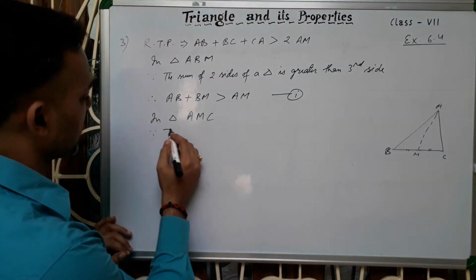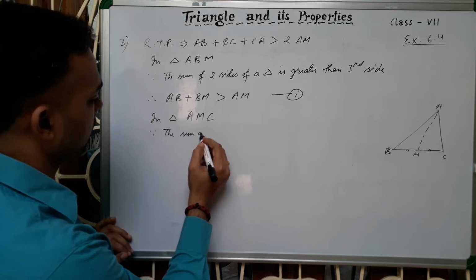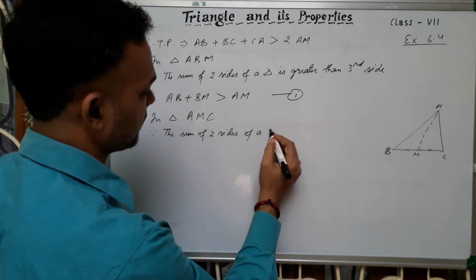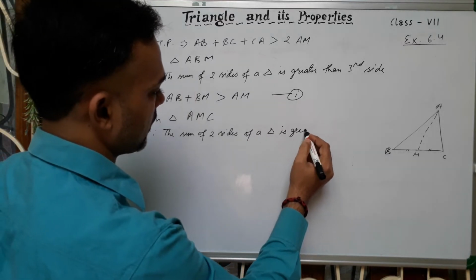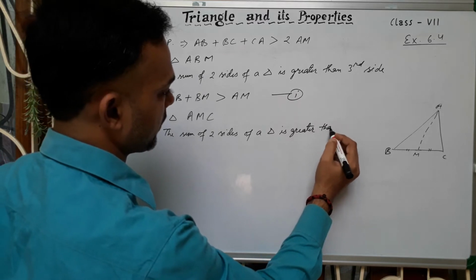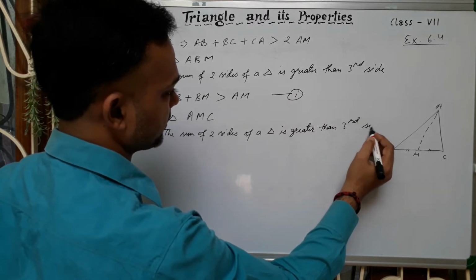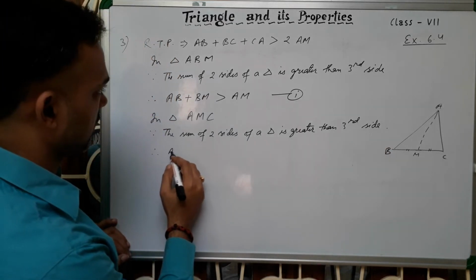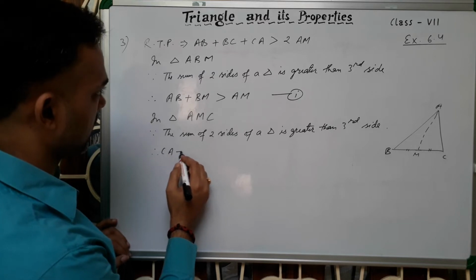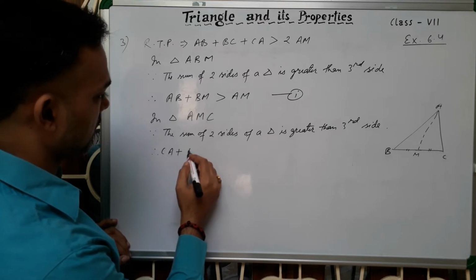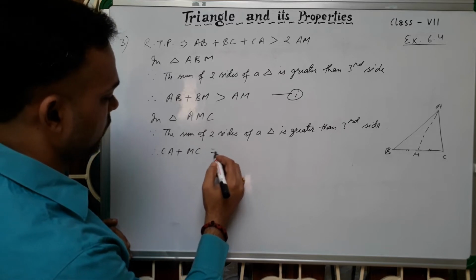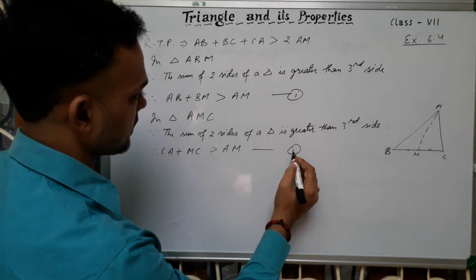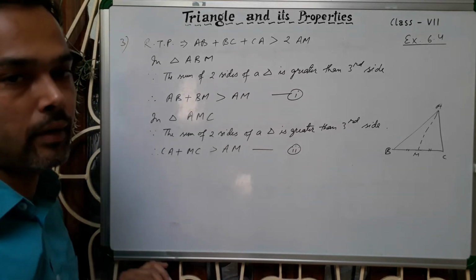Since the sum of two sides of a triangle is greater than the third side, therefore CA plus MC is greater than AM. This is the second thing that we have found.